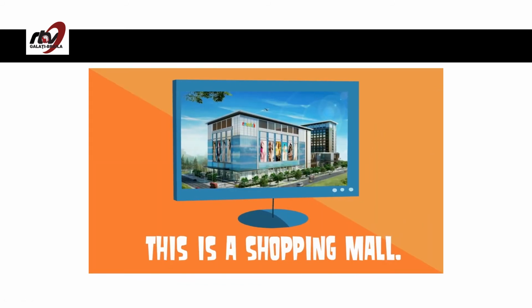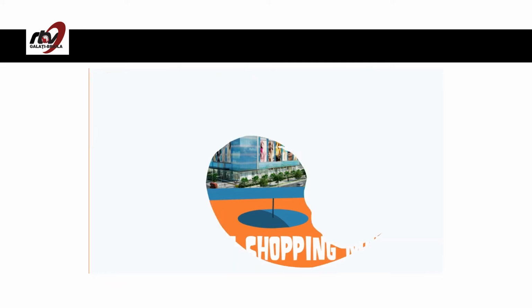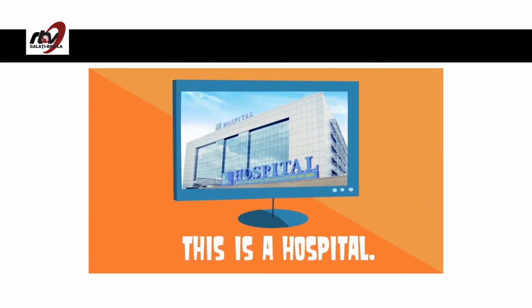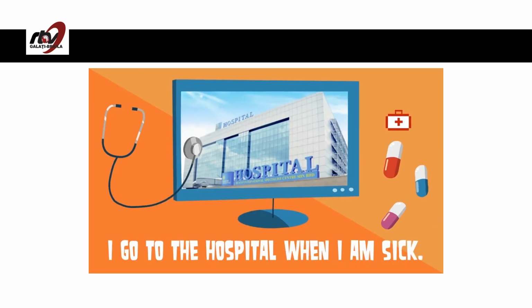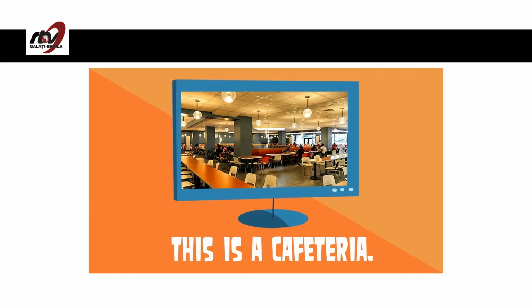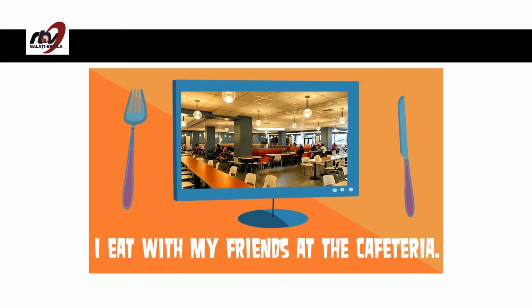This is a shopping mall. I go shopping at the shopping mall. This is a hospital. I go to the hospital when I'm sick. This is a cafeteria. I eat with my friends at the cafeteria.